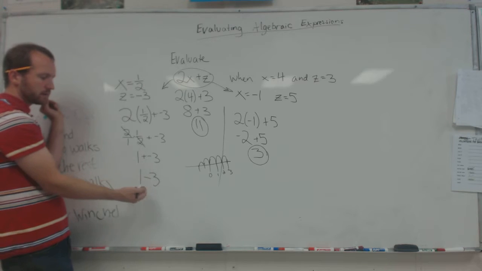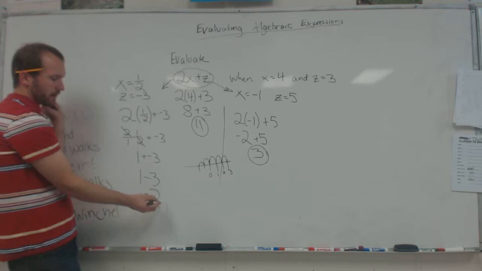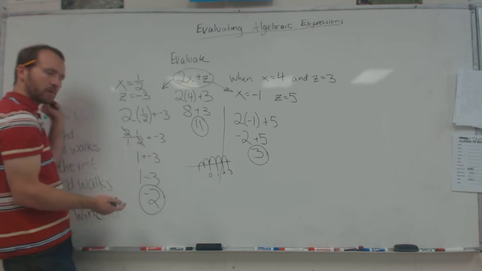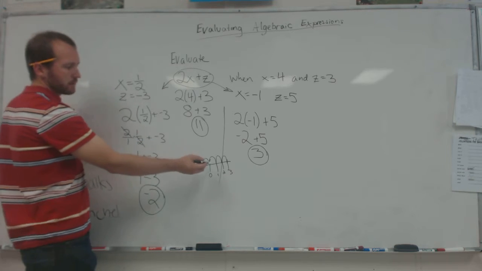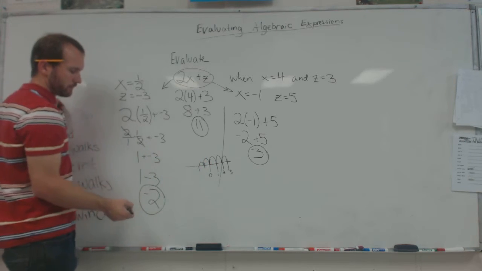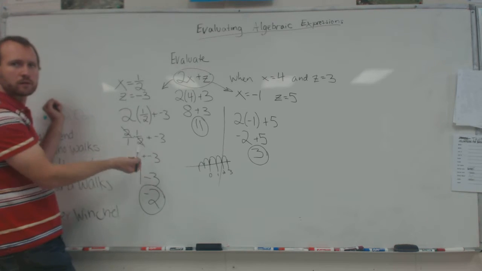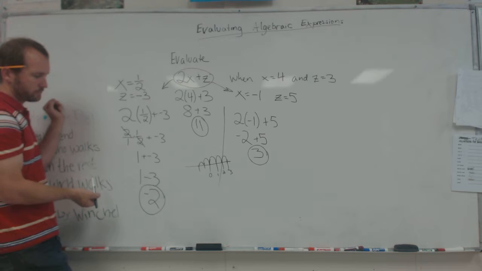Yeah. So 1 minus 3 is, or if you already saw it, some people already said it, negative 2. Right? Because we start at 1 and we have to go 3 in this direction. So 1 gets us to 0 and then 2 more. Or we think of it as 3 minus 1, flip it around. Negative 2.